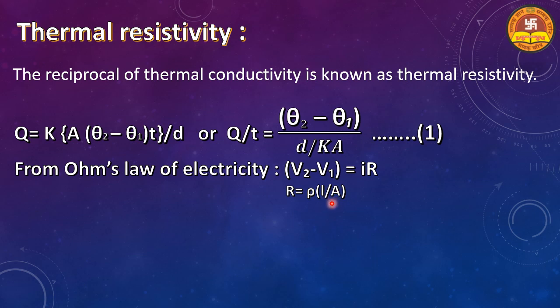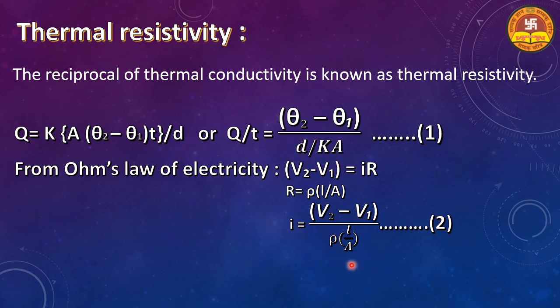Now the resistance of a conductor can be written as rho into L by A, where rho is the specific resistance or resistivity of that conductor, L is the length of the conductor, and A is its area. So we can write I equals V2 minus V1 divided by R, and in place of R we can simply put rho into L by A. So we are getting I equals V2 minus V1 divided by rho into L by A. Now if I compare these two equations, 1 and 2, we can write rho into L by A is equivalent to d by Ka.